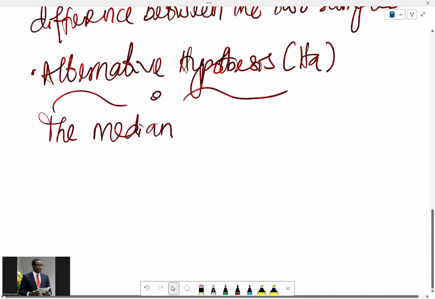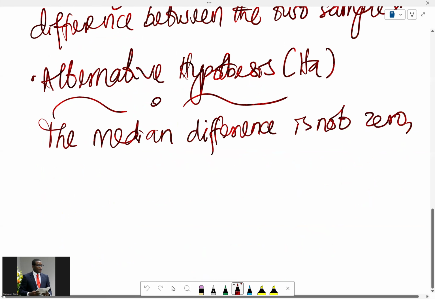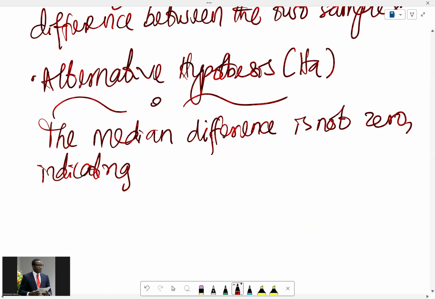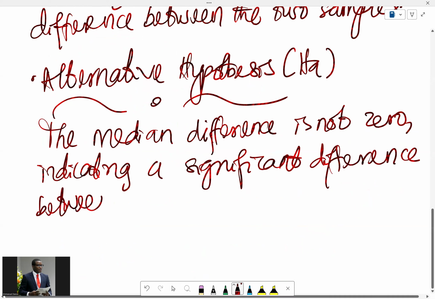The alternative is just to say that the median difference is not 0, indicating a significant difference between the samples.